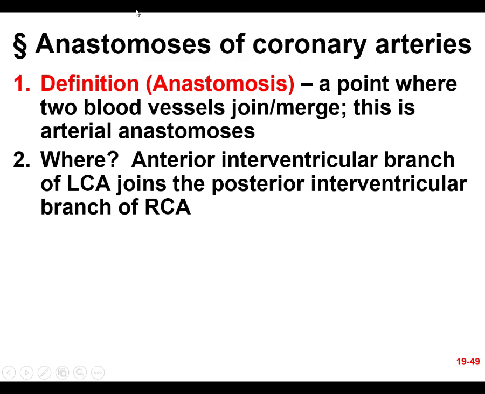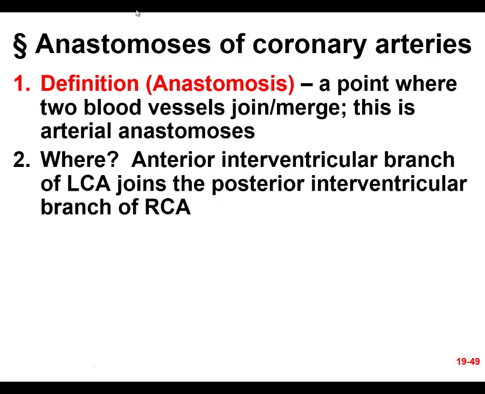So if we perform an anastomosis of the colon, we remove the section and then join it together. And when we bypass coronary arteries, we take a vessel and graft it on, and that's called an anastomosis, where they connect. The anastomosis of your regular coronary arteries are basically the points where the vessels join.